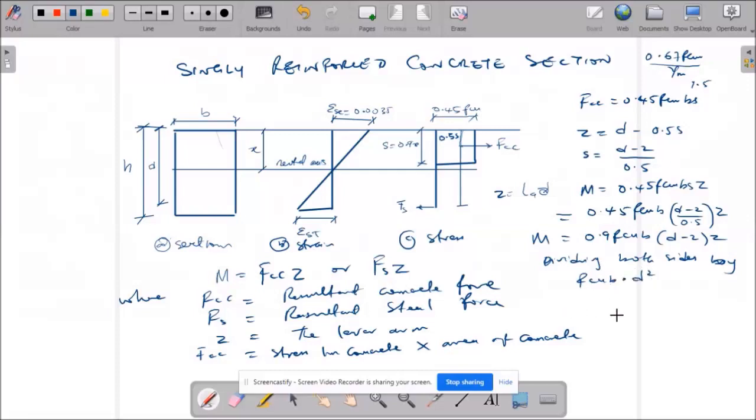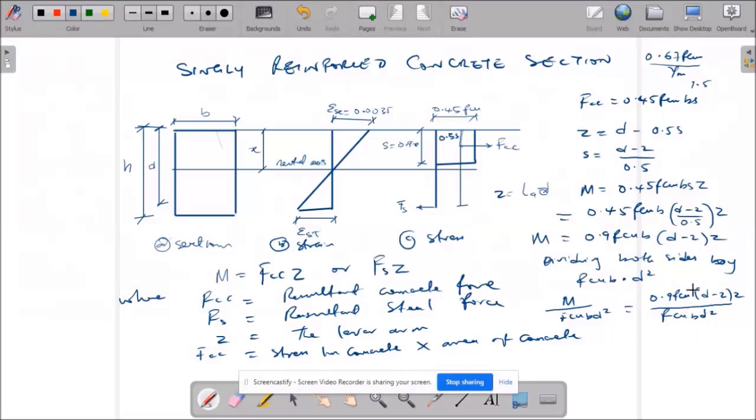We are going to have M over FCU B D square is equal to, on the other side, 0.9 FCU, then D minus Z outside, over FCU B D square.